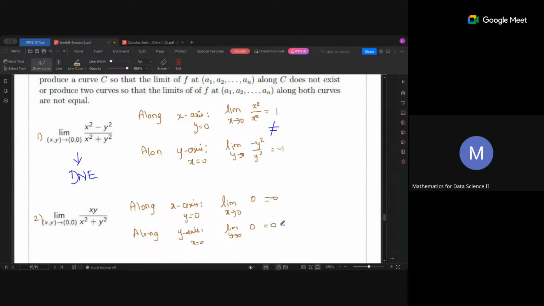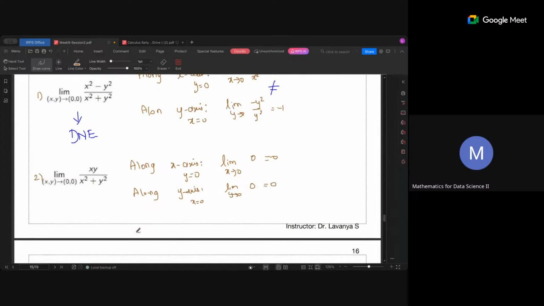So in both cases, they are now coinciding. So the next thing we will move on to is maybe y is equal to x. What happens along y is equal to x? x square upon 2x square. What is the answer? 1/2.